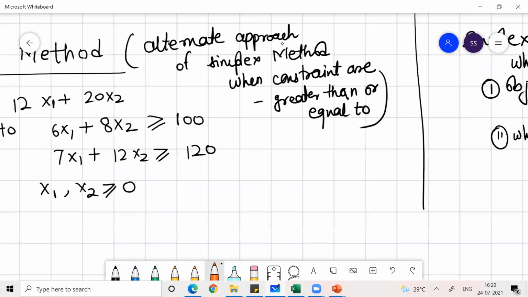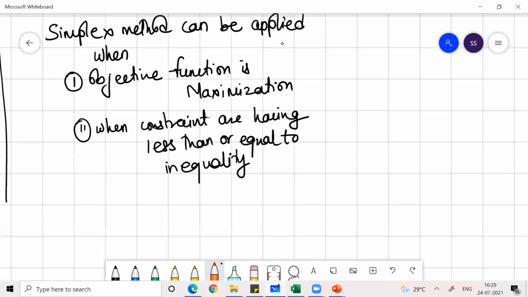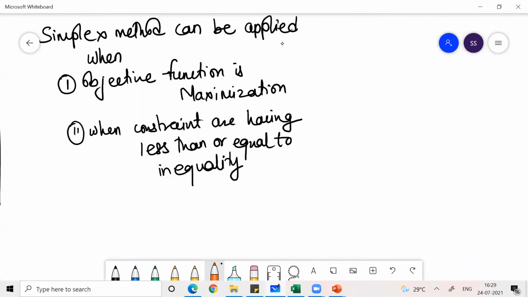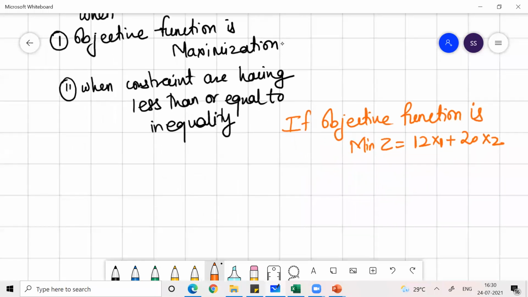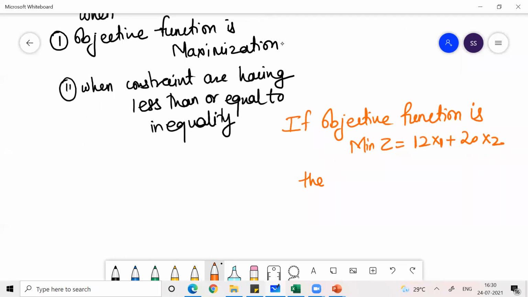Now, guys, understand: if the objective function is minima of z equal to 12x1 plus 20x2, then maxima of z can be created.